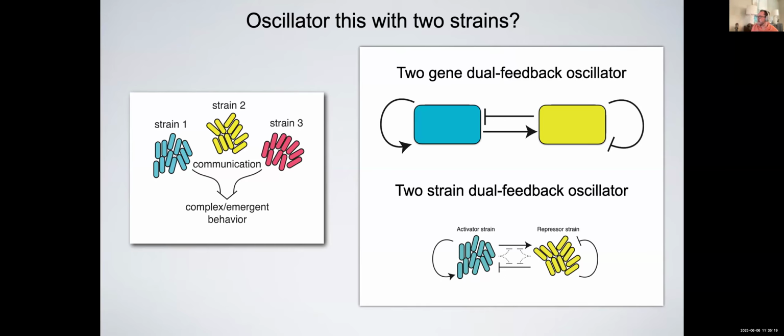The question we started with was this two-gene dual feedback oscillator. This is something Matt worked on as a postdoc, and it is a robust oscillating circuit. It was originally inside a single cell.